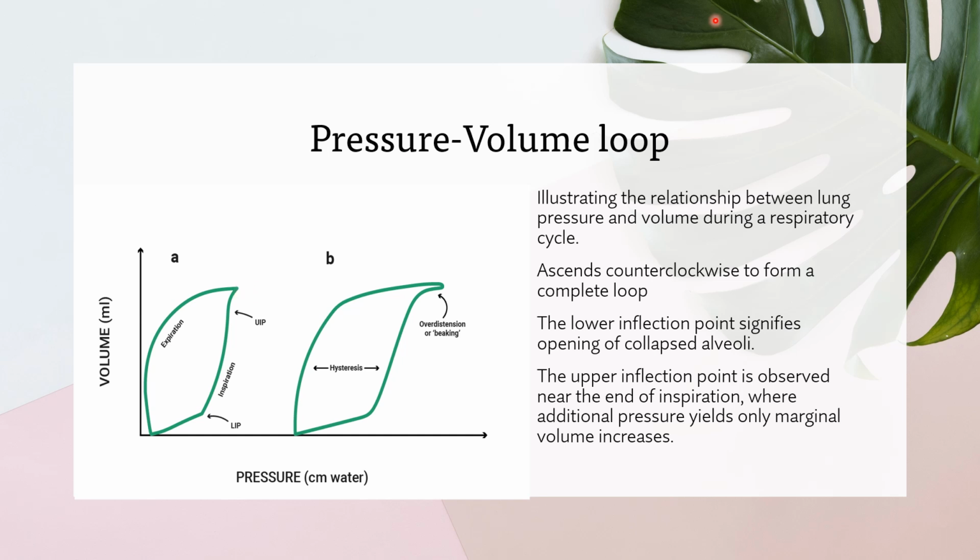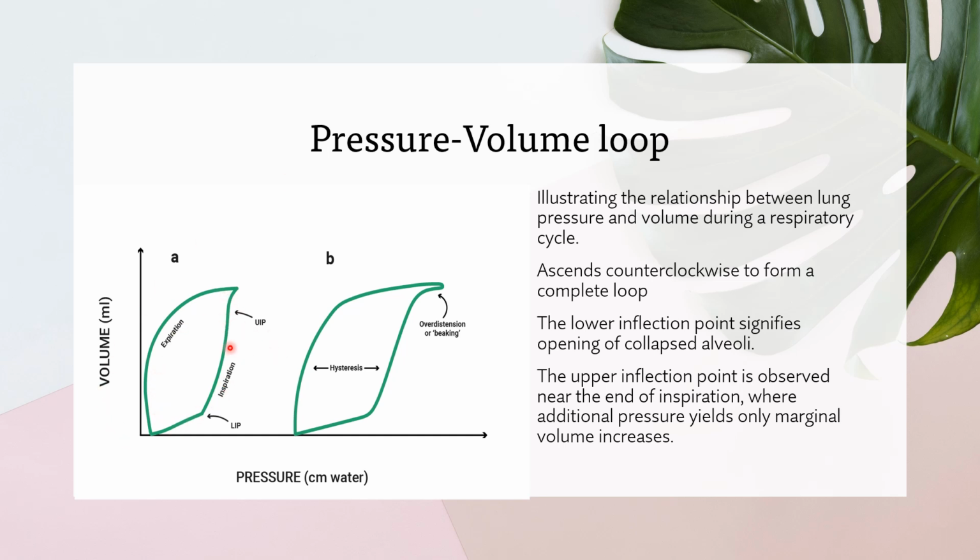Loop B illustrates the phenomenon of overdistension within the pressure volume loop. Overdistension, a risk of lung injury, occurs when the lungs are subjected to excessive volume or pressure. Here you can see a rapid increase in the pressure without any significant increase in the volume. Under normal circumstances, a pressure volume loop resembles a football shape.